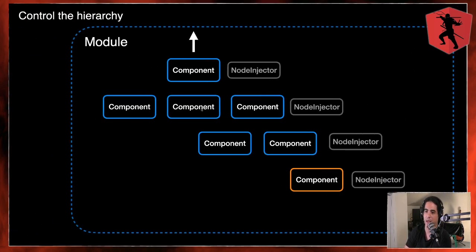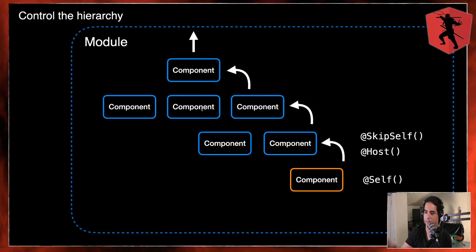So if I go back to the slides, now we're gonna see how those decorators, which are called resolution decorators, can help us get control. And we also see why it matters, why we need it, because well, I'm writing this code, I control the component hierarchy.